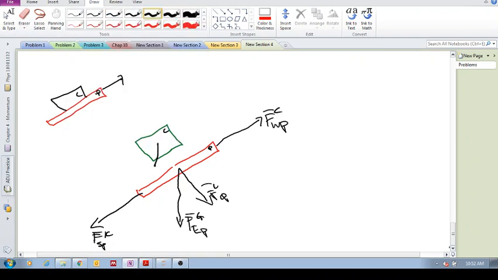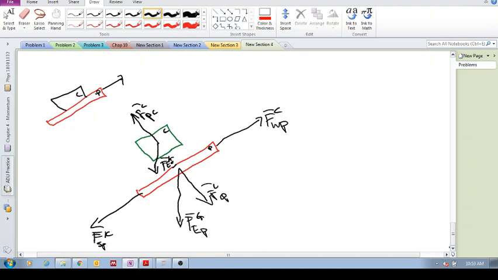Okay, so we know we've got gravity, earth on the crate, pulling the crate down. We've also got this guy's equal and opposite force, F contact, but the pallet on the crate. This was the crate on the pallet. This is the pallet on the crate. Okay?